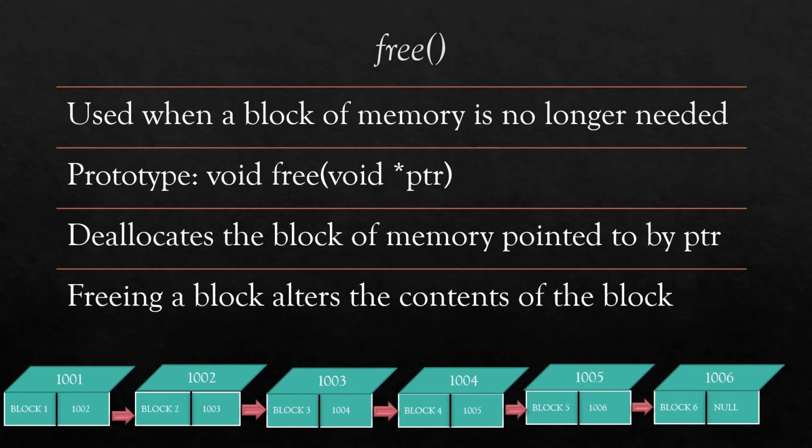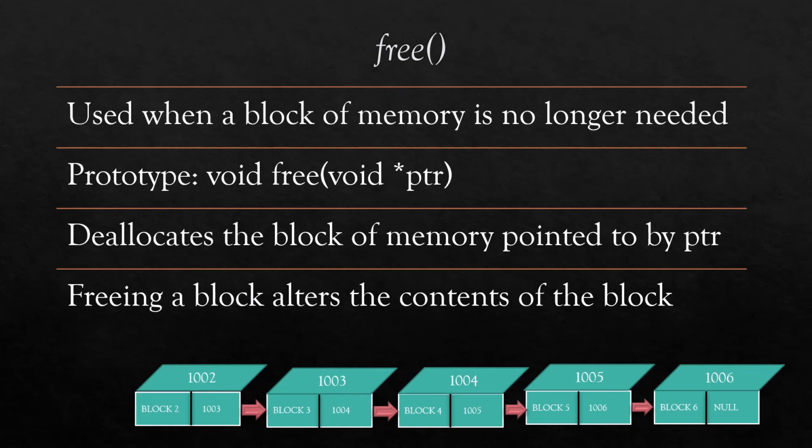And once we've lost that, then we cannot get access to the remaining blocks. And therefore, it's important that before freeing a block of memory, if we need those contents, we copy them to another place and then free that block, right? So we can't just do something like this. We've lost the main link, you can say, in the chain or the head of the chain, right?